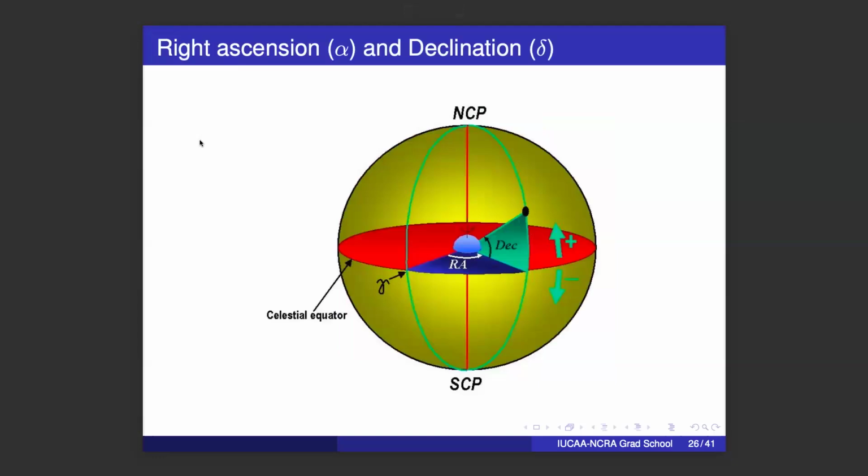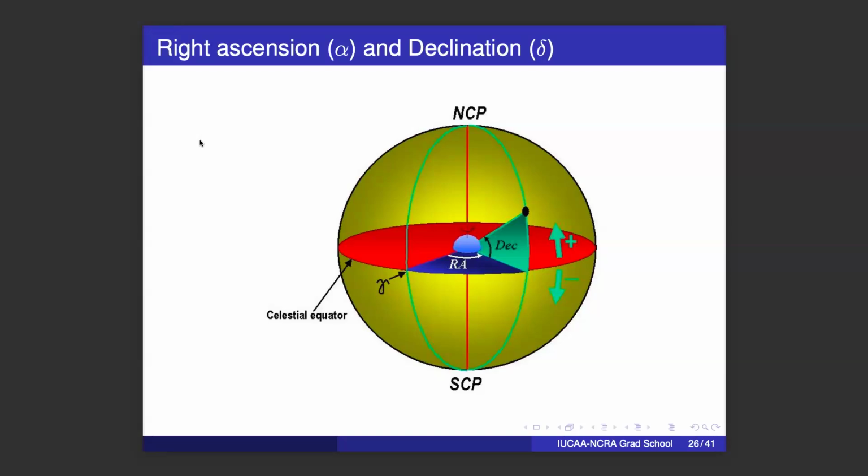Okay, so now we come to the main thing that I want to define in the coordinate system, which is the system of right ascension and declination. So if you want to give the coordinates of a certain location on Earth, you give two numbers, the latitude and the longitude.